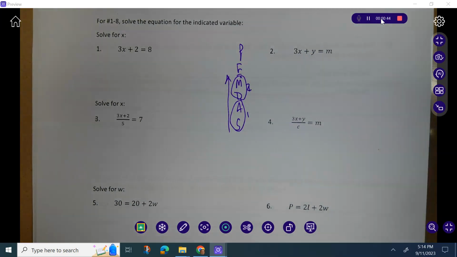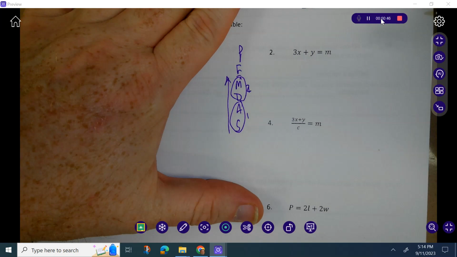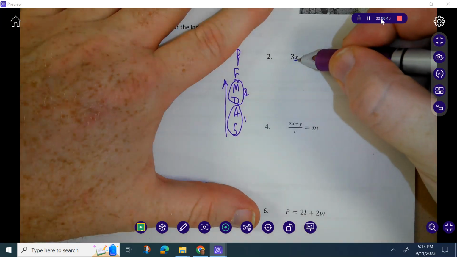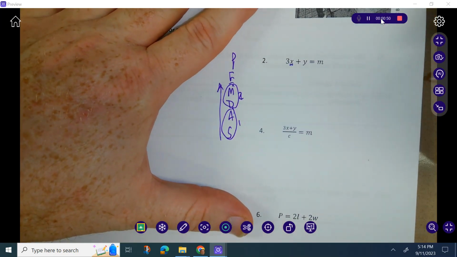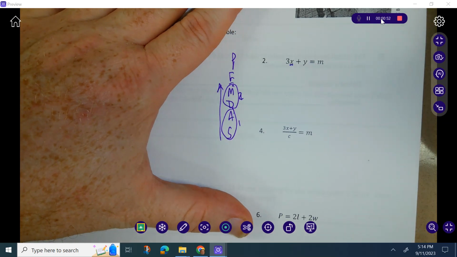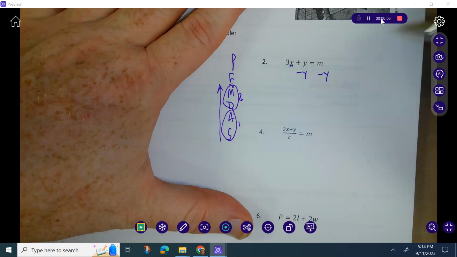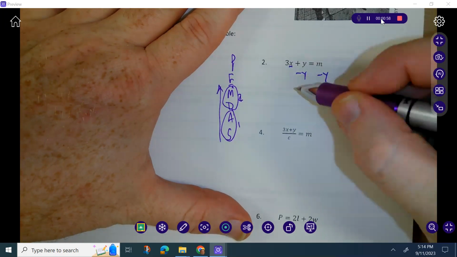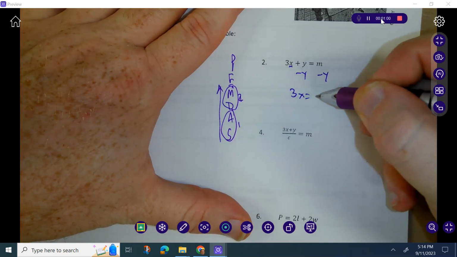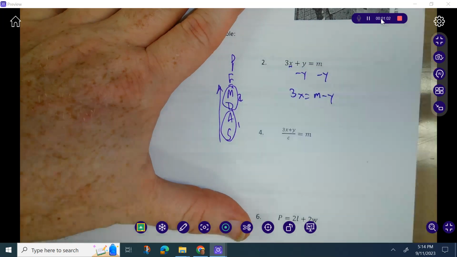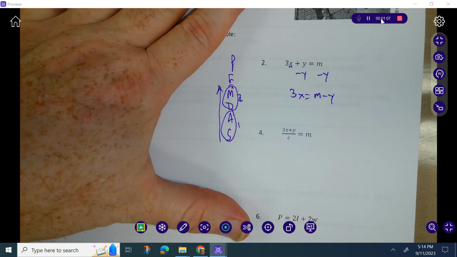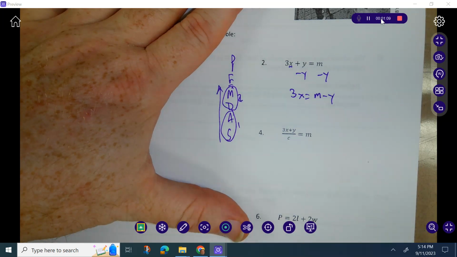So when I look at number 2 here, they want me to solve for x. So I have to undo what is being added or subtracted to x. So I'm going to subtract y from both sides. That leaves me with 3x equals m minus y. Now, like before, I'm going to divide both sides by 3.